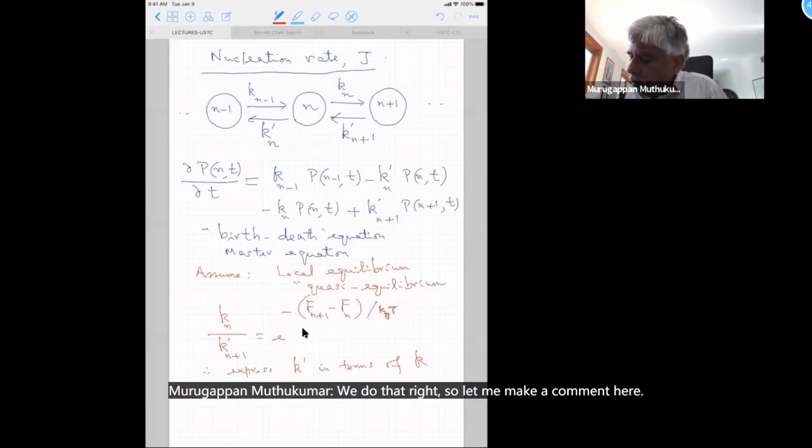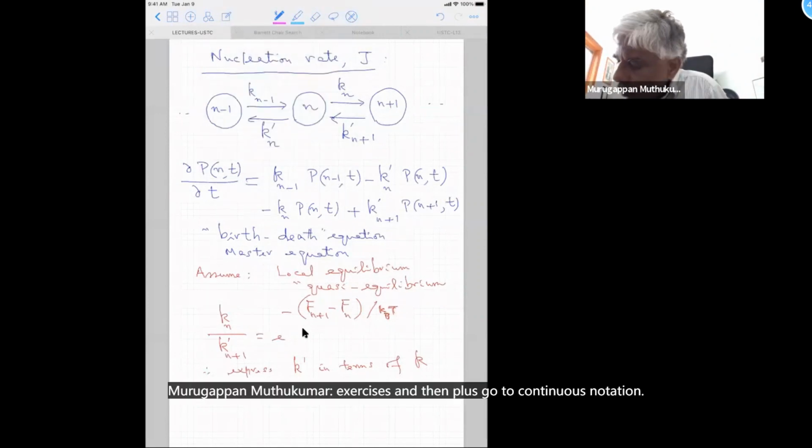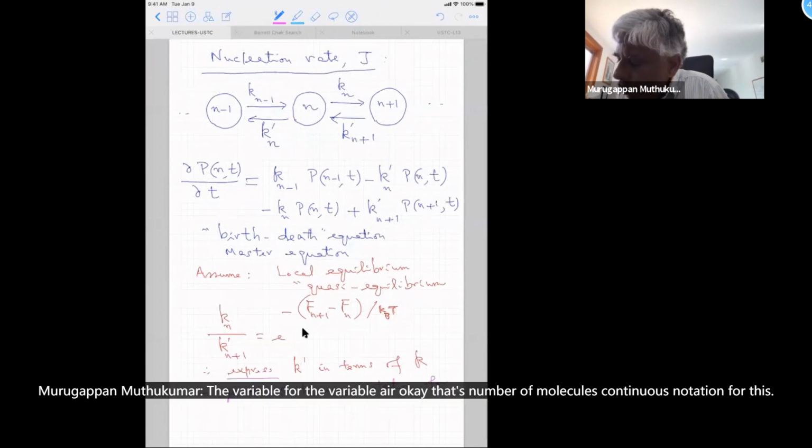Let me make a comment here. Express this, and then go to continuous notation for the variable n. That's the number of molecules.